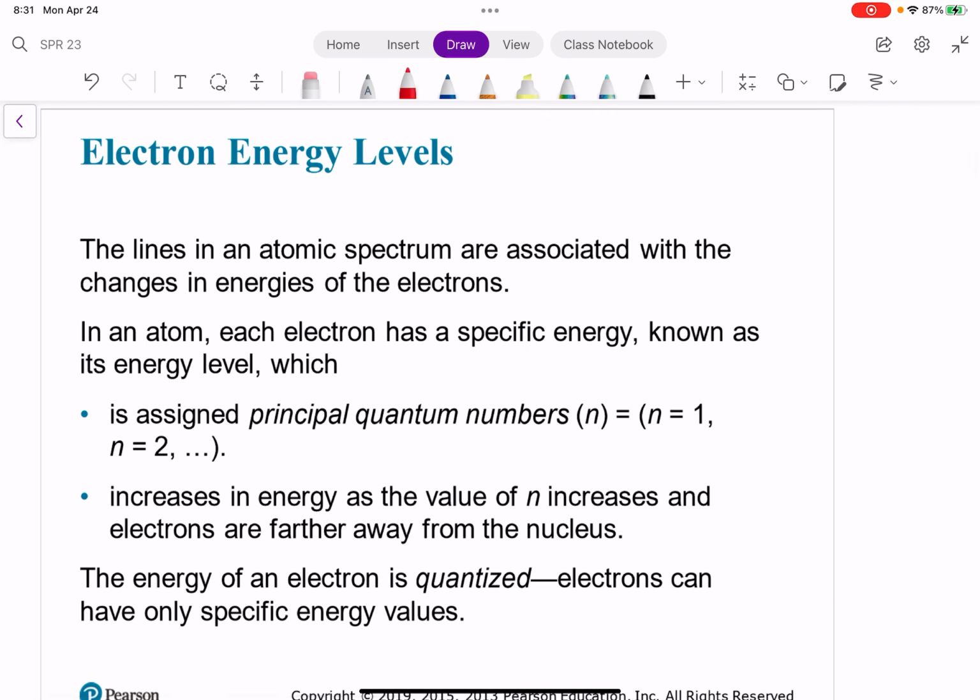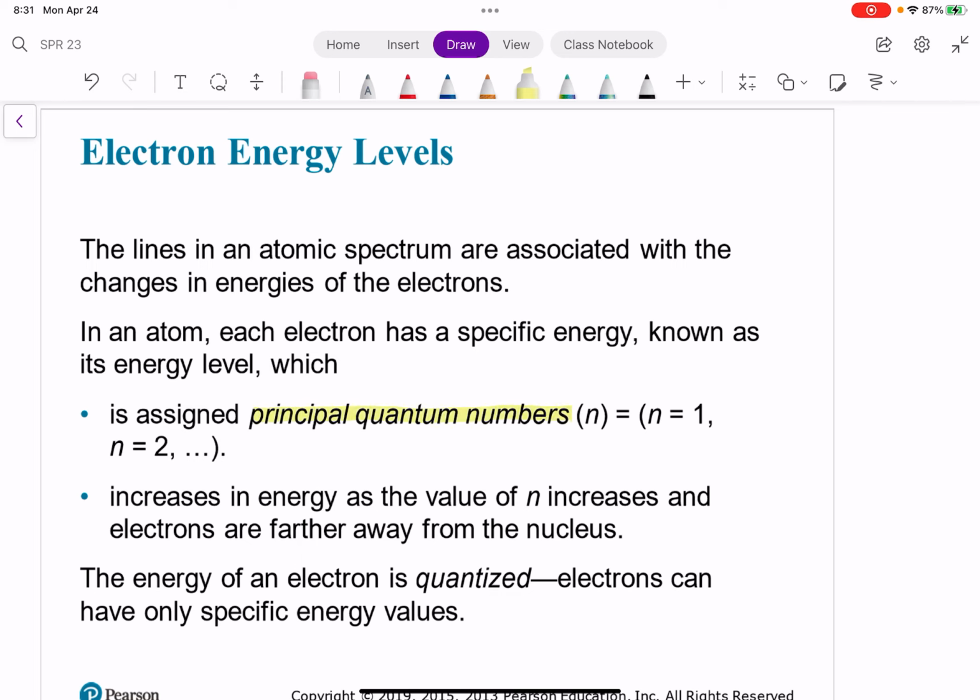All right, so moving on to electron energy levels. The lines in an atomic spectrum like that we just saw up there are associated with the changes in energies of the electrons. So in an atom, each electron has a specific energy, and that's known as its energy level. And we represent that energy level with what's called the principal quantum number.